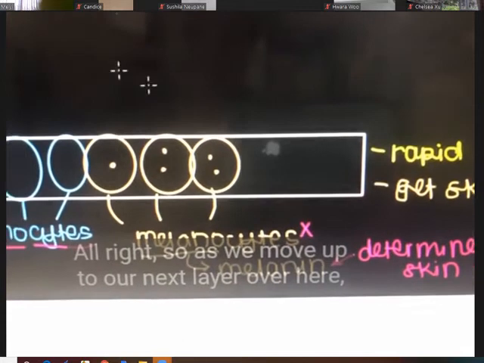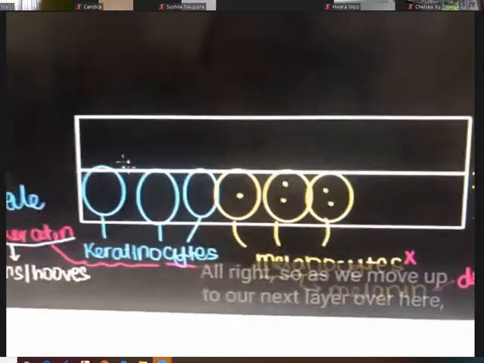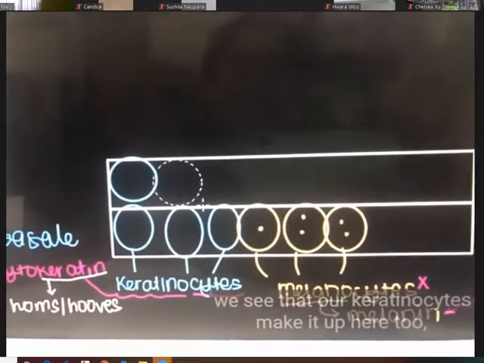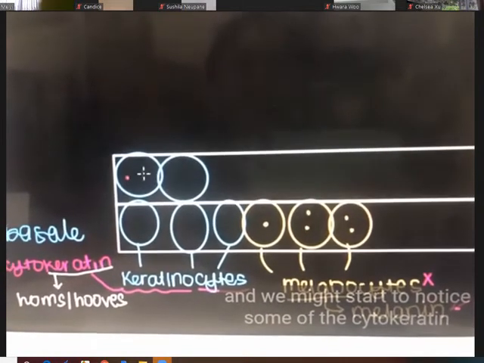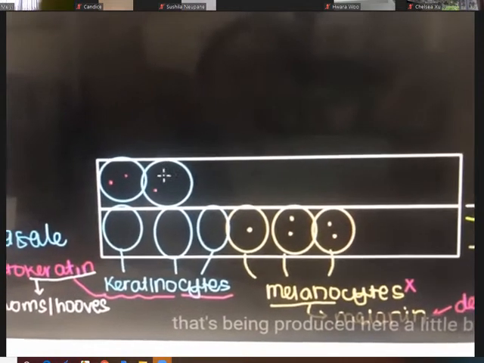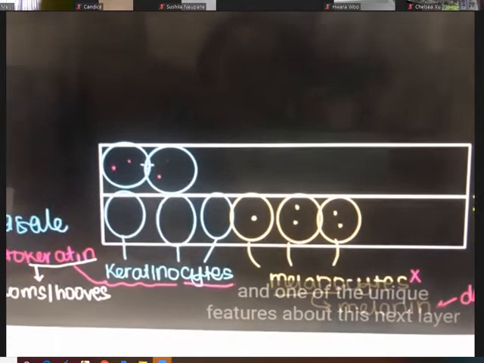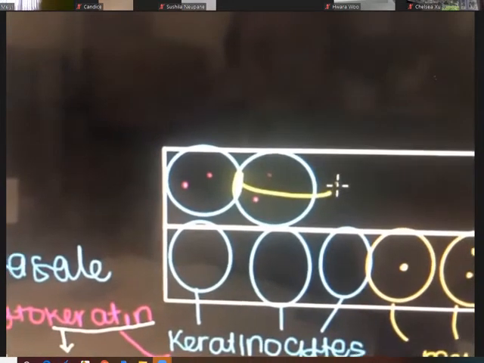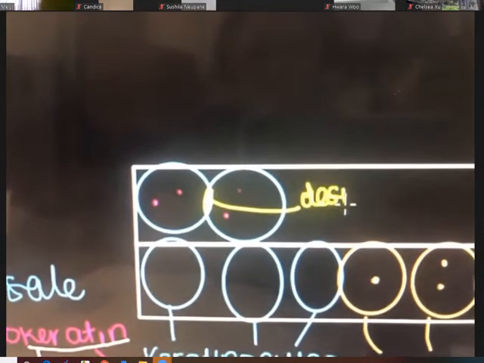All right, so as we move up to our next layer over here, we see that our keratinocytes make it up here too, and we might start to notice some of this cytokeratin that's being produced here a little bit. And one of the unique features about this next layer is that we have this little connection that's starting to be generated in between our keratinocytes. This guy is called a desmosome.